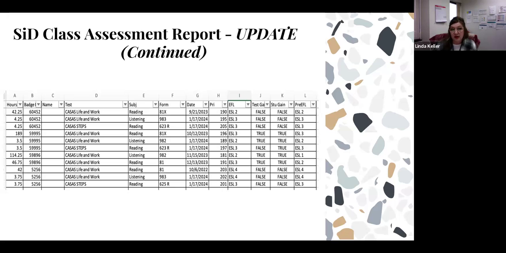The next column will be the date. The column that says PRI, that is the scaled score of whatever test was taken. And then the EFL level that was assigned, ESL 1, 2, 3, 4, 5, 6. The next column over actually shows you whether or not there was a gain in that subject and in that series. And then the last two columns provide the information about the pre-test EFL within that testing series and subject.